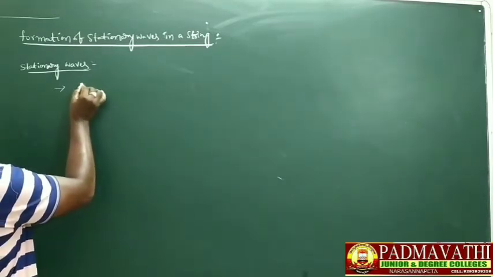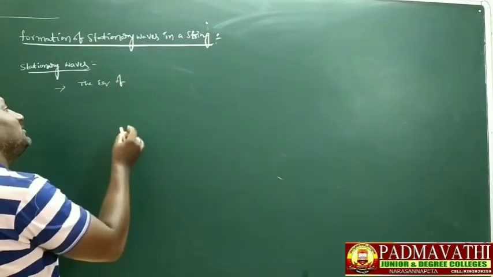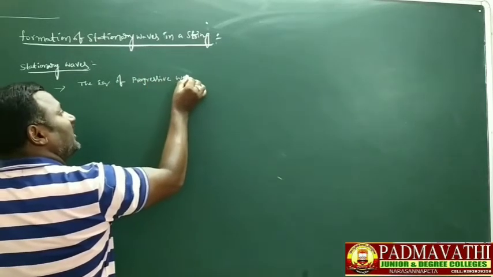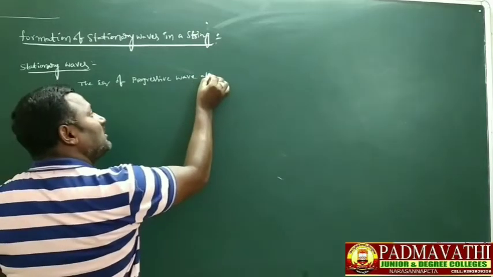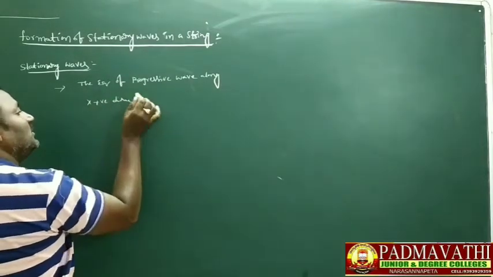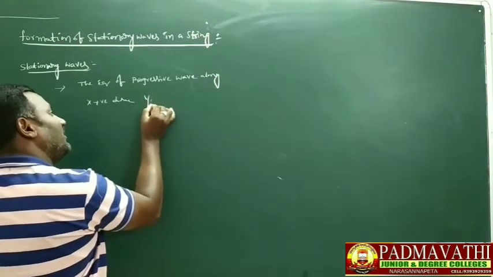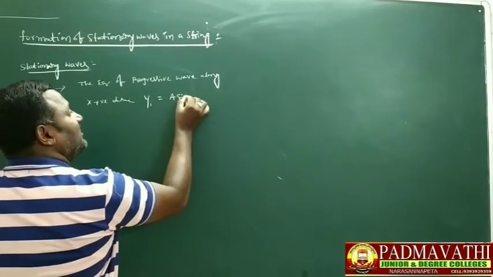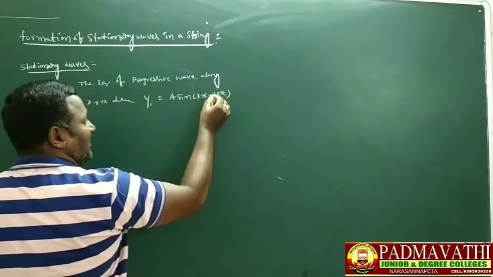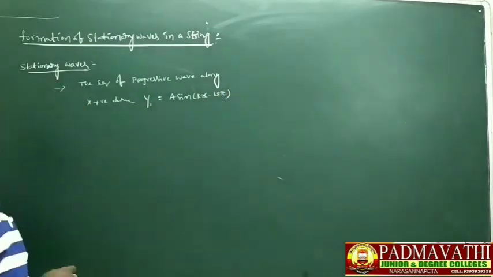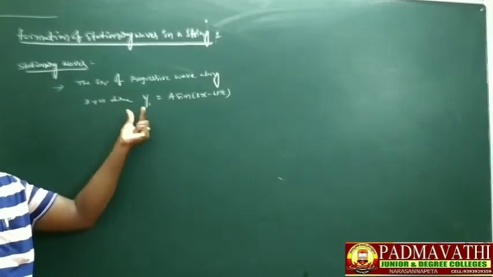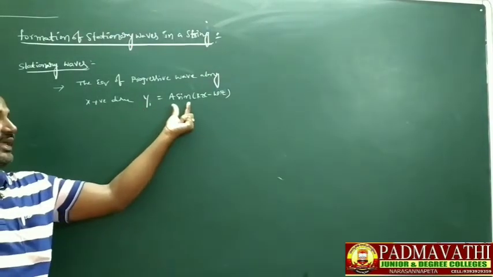The equation of the progressive wave along the x positive direction is y1 equals a sin(kx minus omega t).